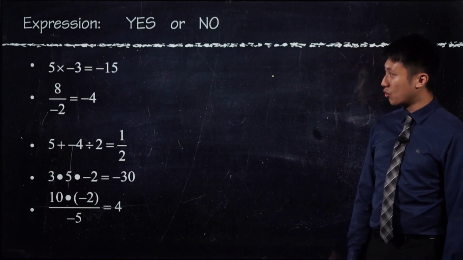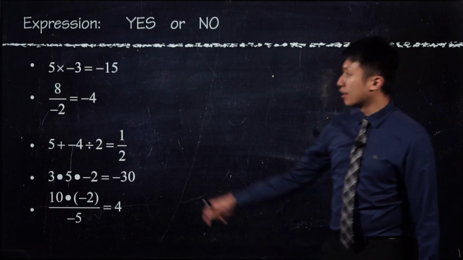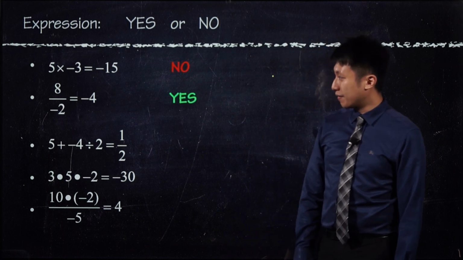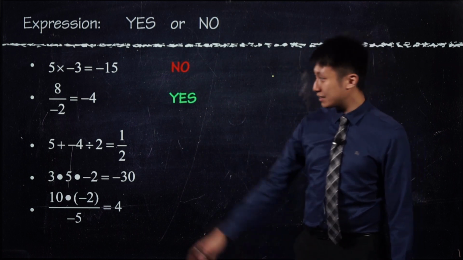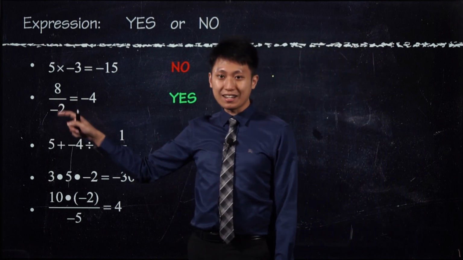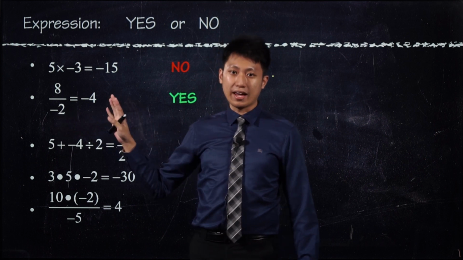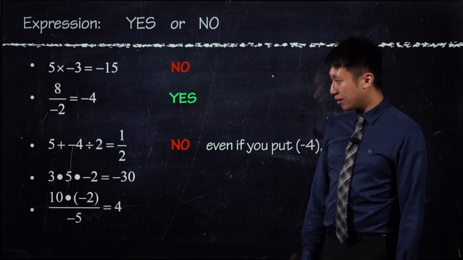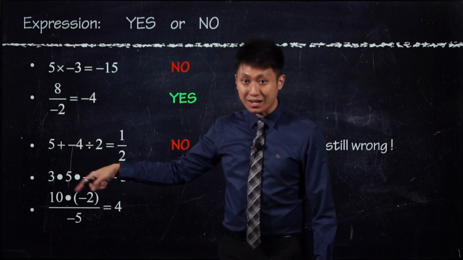Yes or no for the following. This one, no. Yes, can write. Just now we mentioned this. You can put it below. And this island, it can be like a -2. It's okay. This is not okay because this one with bracket.